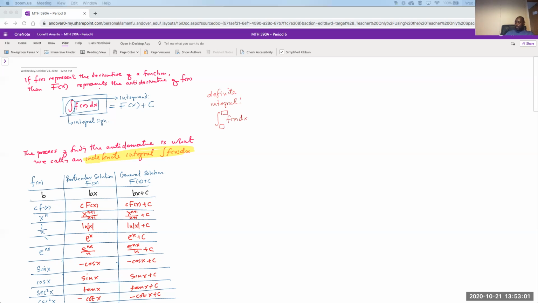It's got an upper bound and it's got a lower bound. All right. And the outcome is always a number, it's always a value. So unlike the indefinite integral, where the outcome was a function, when you work with a definite integral, you end up getting a value. And we'll look into more details very soon how we manipulate definite integrals.